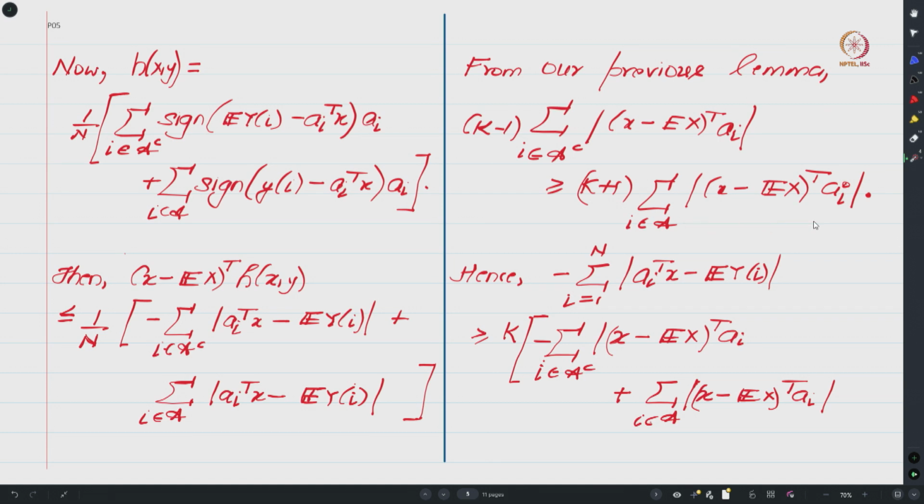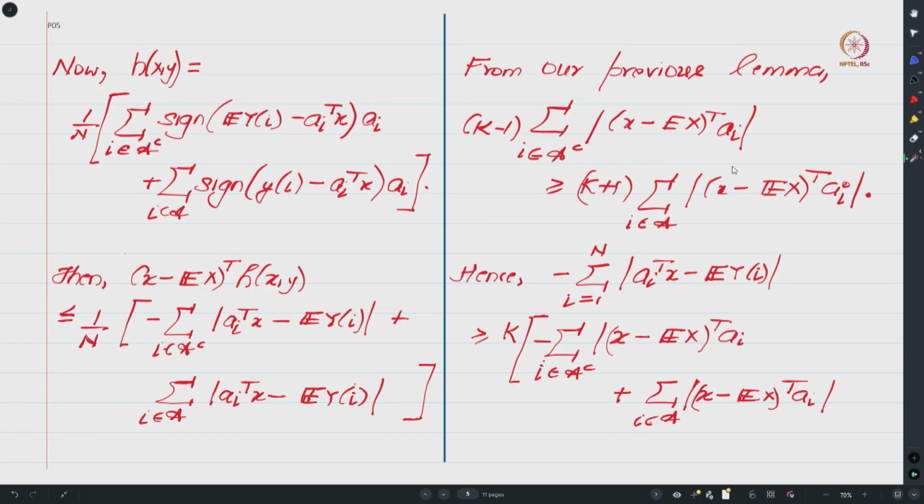And now what we are going to see is what does this inequality tell for an expression of this form, right. So what we are going to do is, from this inequality we are going to rearrange terms so that we get an expression that looks something like this. So towards that you can see that there is a minus sum i in A complement absolute value, right. So that minus 1 is sitting over here, so we retain it as it is, right.